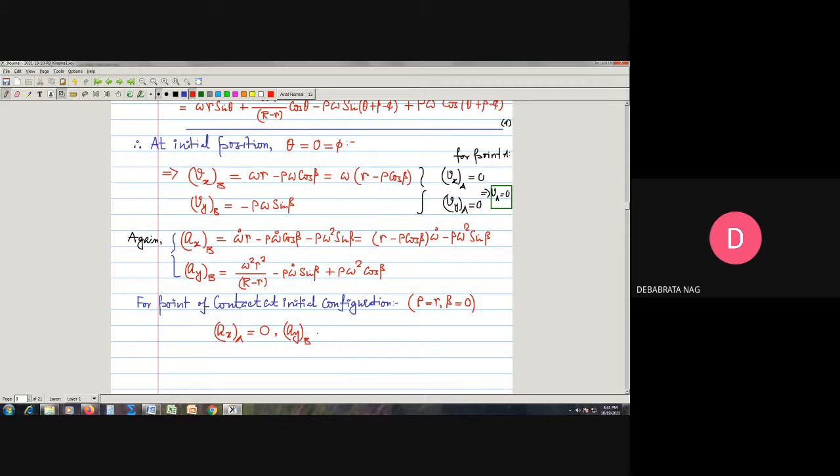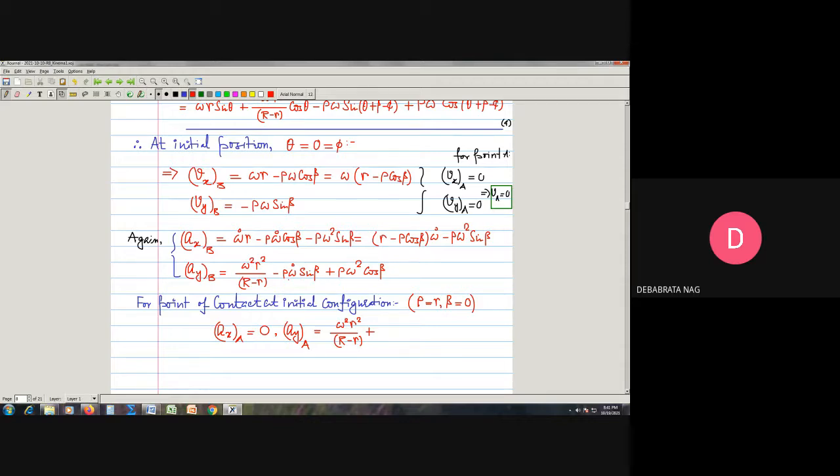Let's see whether the y component of the acceleration for the point of contact A is 0 or not. Correct? If I put beta equal to 0 in this case, I note that it becomes equal to omega square r square divided by capital R minus small r, and then it becomes plus, because this component is not there.